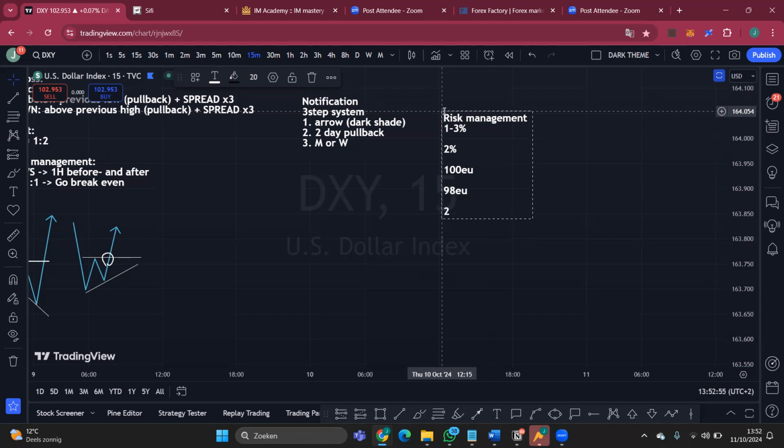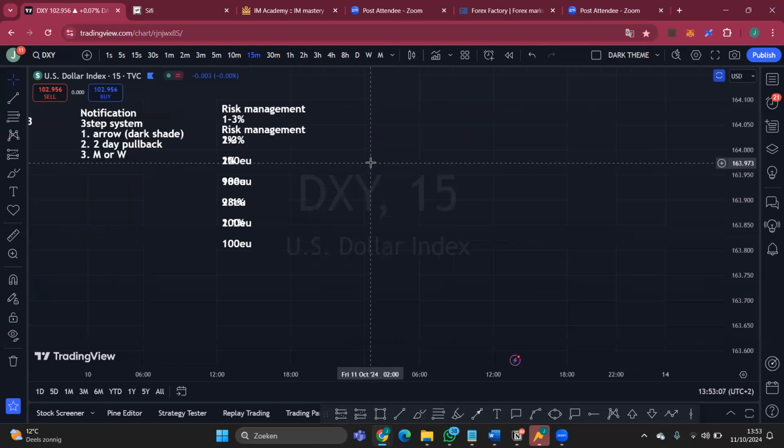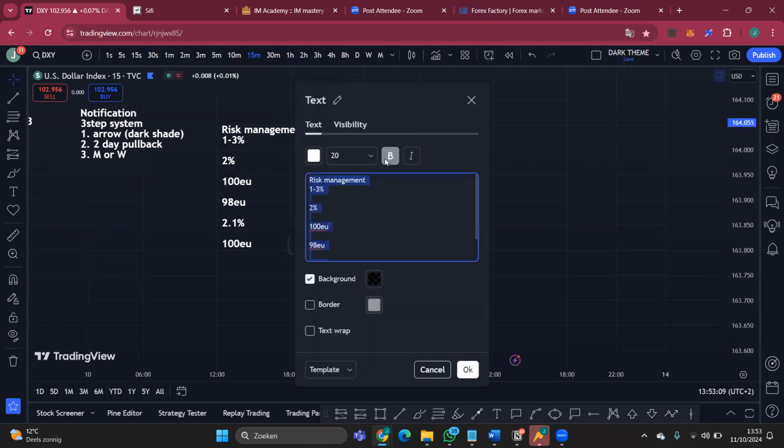It takes like 2.1% profit to go back to 100 euro. But if you do this the wrong way, let's say you make a big loss. Let's say you lose 20% of your account. You go from 100 euro down to 80 euros.